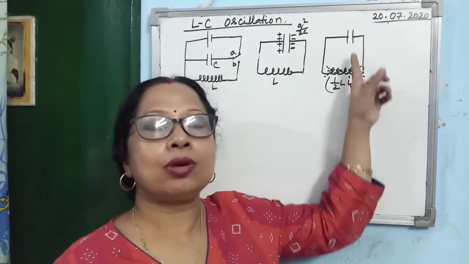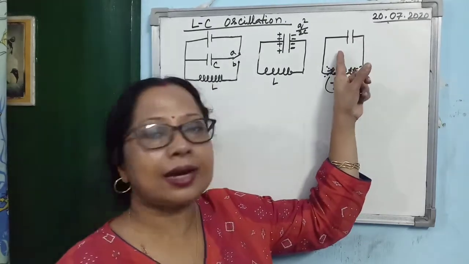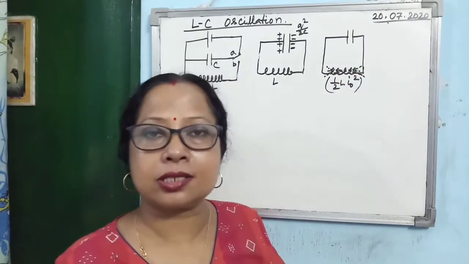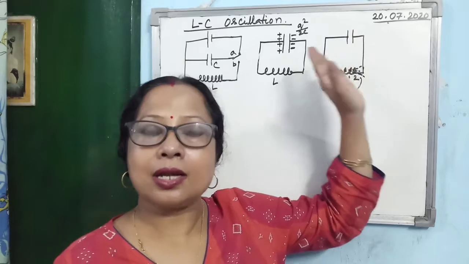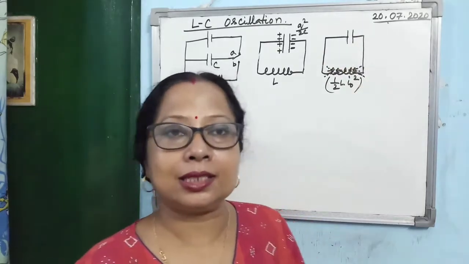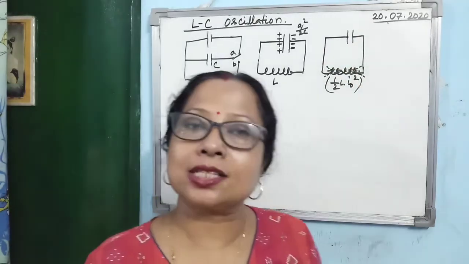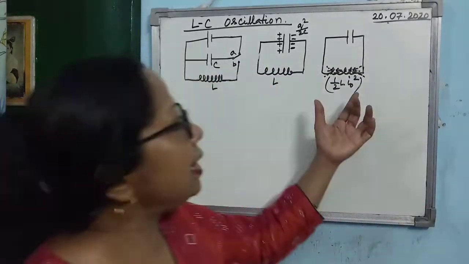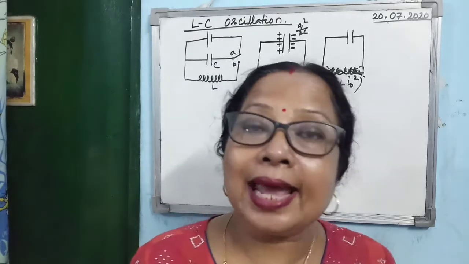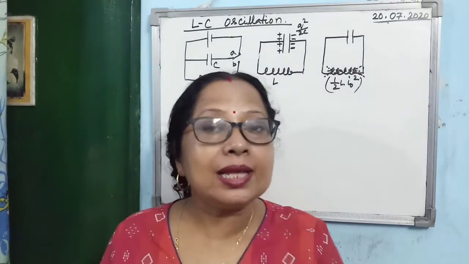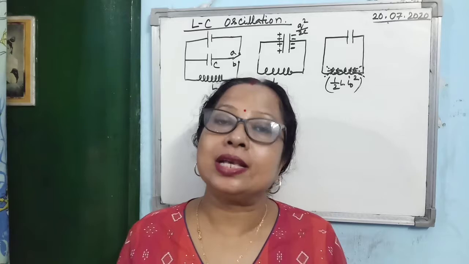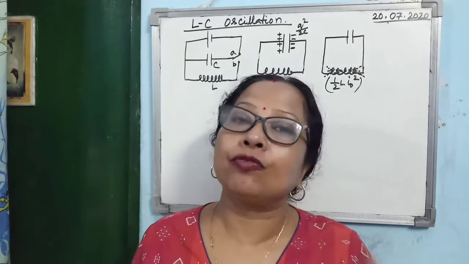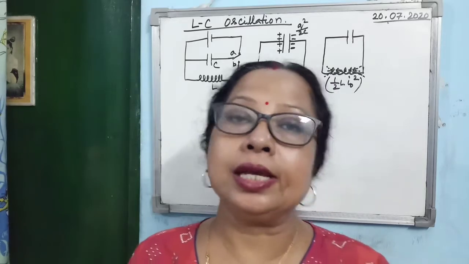By that time, what will happen to the capacitor? Look at the diagram. No charge is there, which means the capacitor has lost all its charges. So the capacitor is now not having any energy, whereas the inductor has got the entire energy. Remember that within the inductor, energy always exists in the form of magnetic energy, in the form of magnetic field.